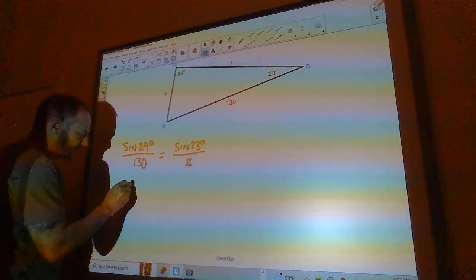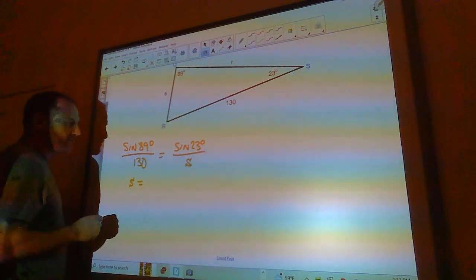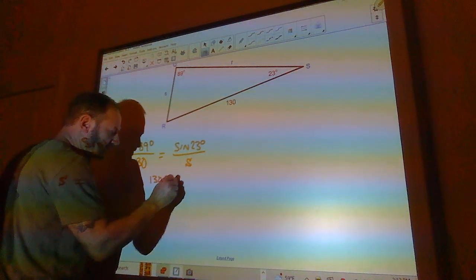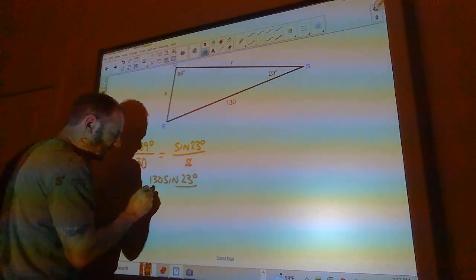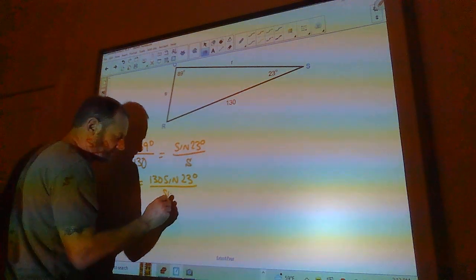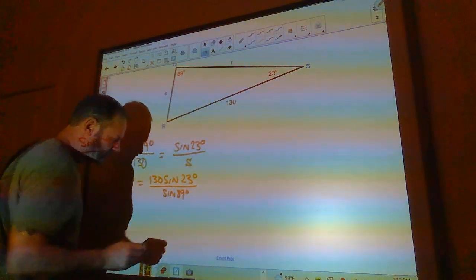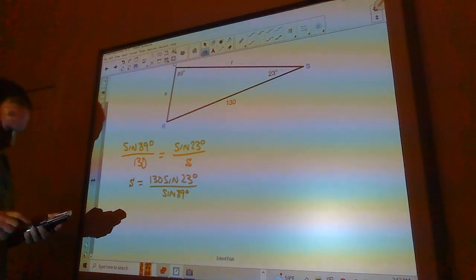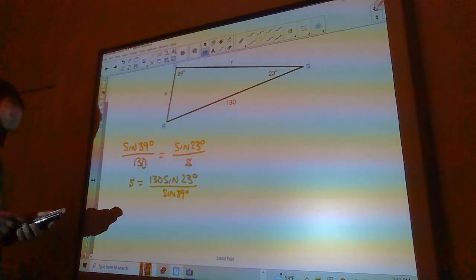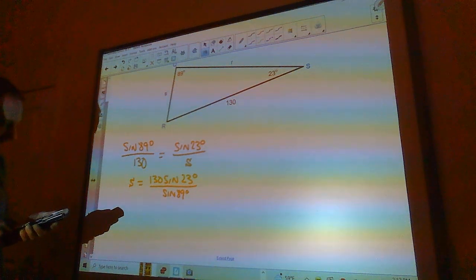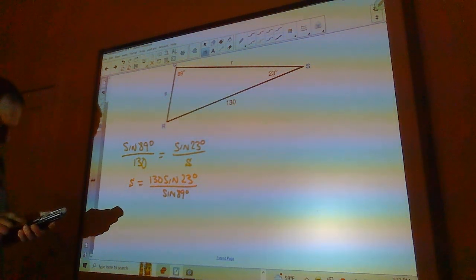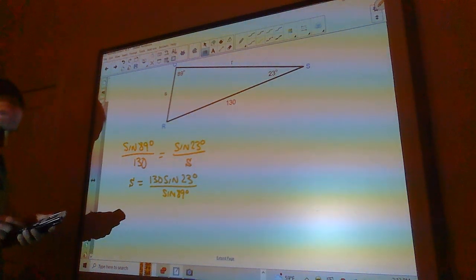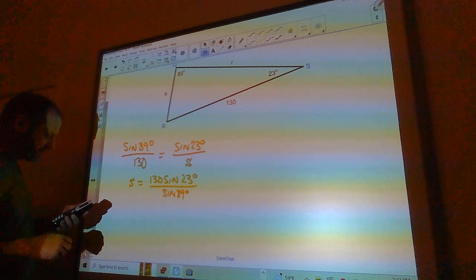So S is going to equal 130 times the sine of 23 degrees divided by the sine of 89. All right, so I get out my calculator. 130 times the sine of 23, and take that divided by the sine of 89. And I'm going to get about 50.8.